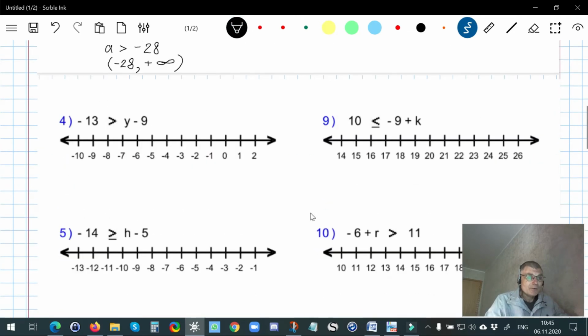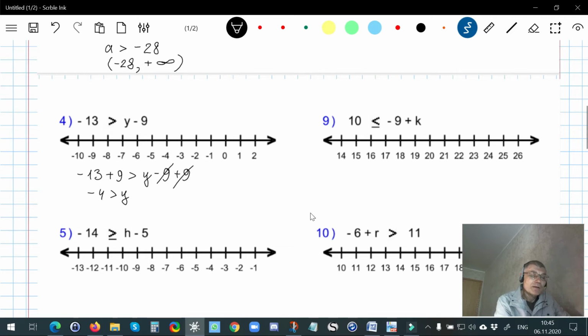Alright, now this one, to isolate y, in this case I have to add 9 to both sides. It's plus 9, y minus 9 plus 9. Here we go. It's negative 4 greater than y.